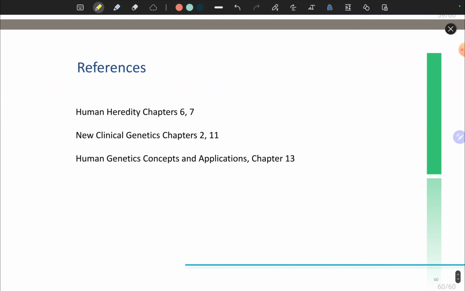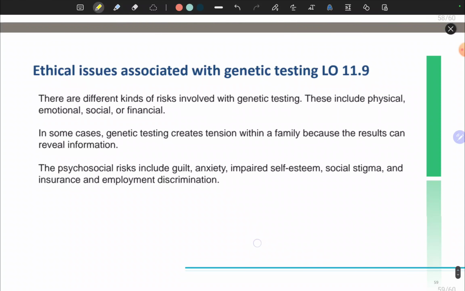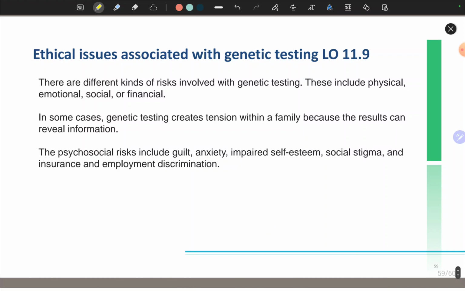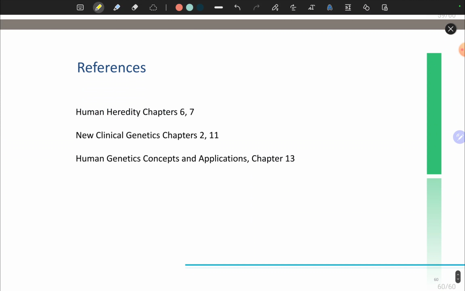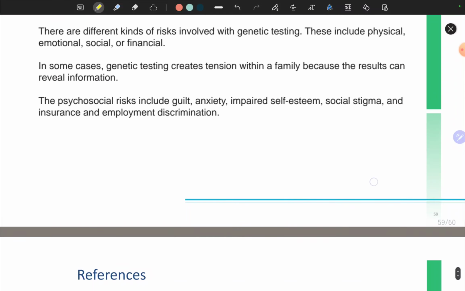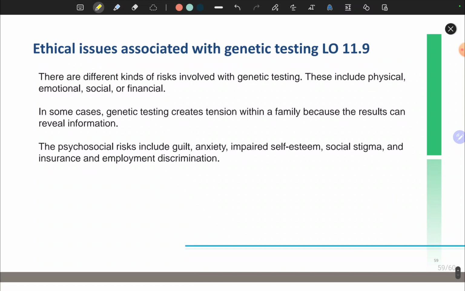So there are also different kinds of risk. This is about the risk involved in genetic testing. These include physical risk, the amniocentesis, or we have emotional, social, and financial risks also. So in some cases, genetic testing creates tension within a family because the result can reveal information.